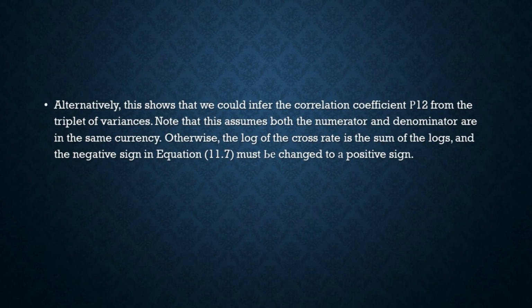So alternatively, this shows that we could infer the correlation coefficient rho 12 from the triplet of variances. Note that this assumes both the numerator and denominator are in the same currency. Otherwise, the log of this cross rate is the sum of the logs, and the negative sign in the equation must be changed to a positive sign.